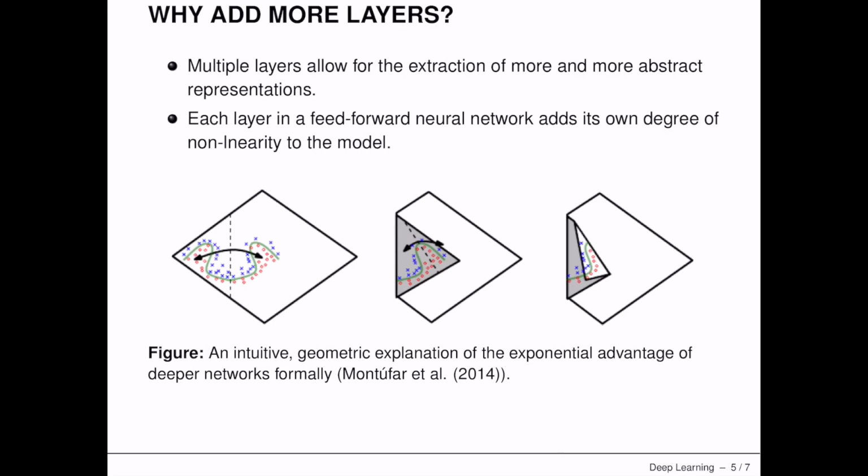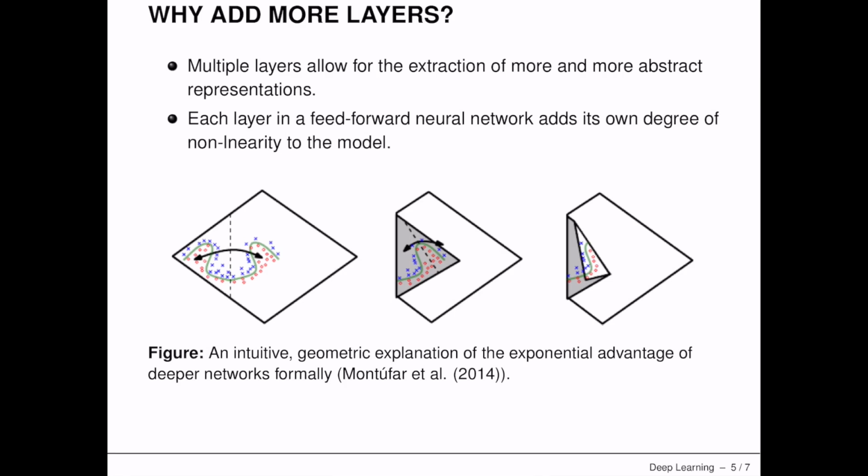Now we know that a single hidden layer neural network already has the universal approximation property. So why should we add more layers? Intuitively, multiple layers allow for the extraction of more and more abstract representations, as we had in an illustrative example in the introduction to this lecture. Each layer can also be seen as adding its own degree of nonlinearity.